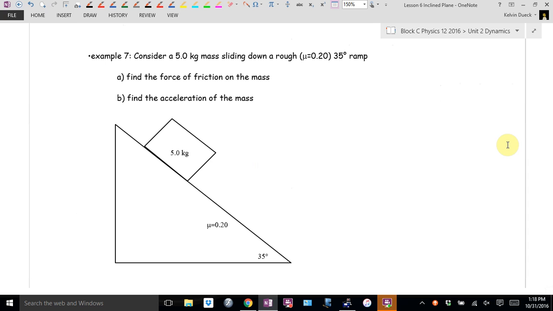Except here's what I don't like about it, to be honest. I wouldn't do part A first. I would jump straight to part B. In example 7, part B, what are they asking me to find?